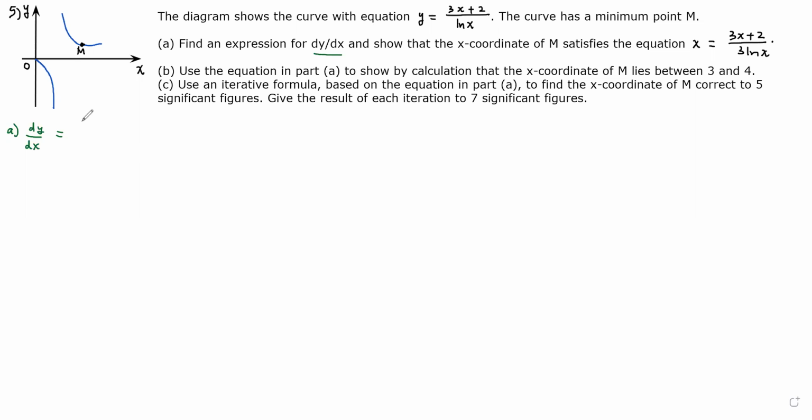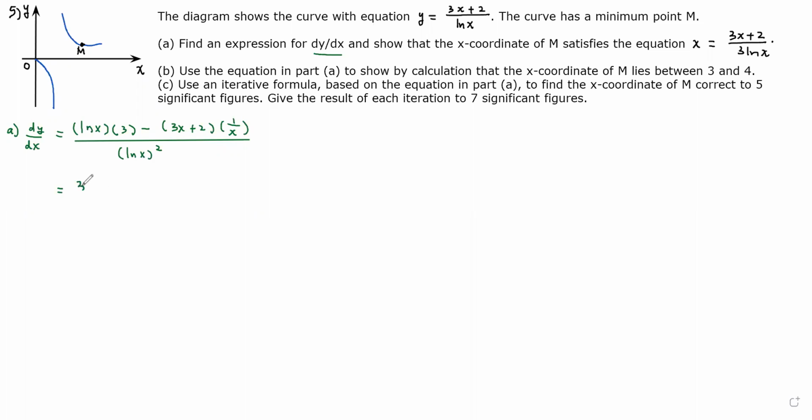Applying the quotient rule, we have ln x, and we multiply this by the derivative of the numerator, which is 3, minus, we hold the numerator 3x plus 2, and differentiate ln x with respect to x. That gives us 1 over x. All this is over the square of the denominator, so you have the square of ln x.